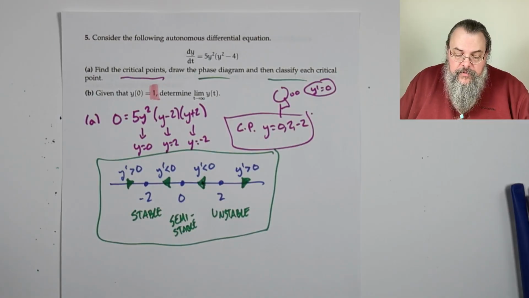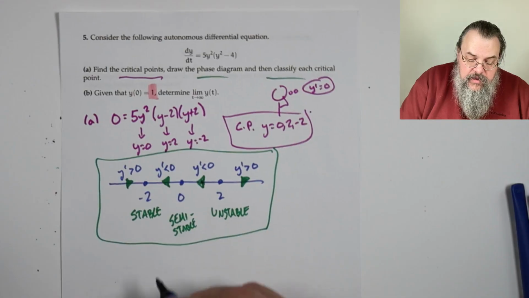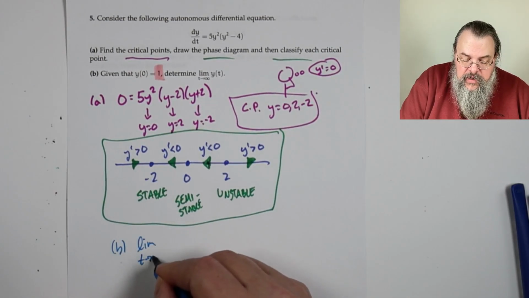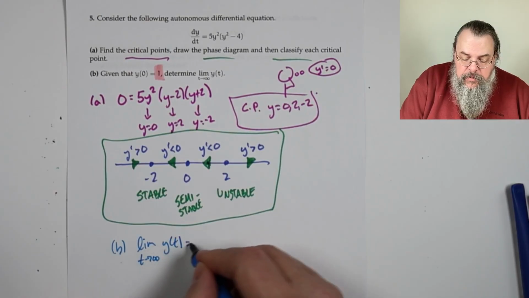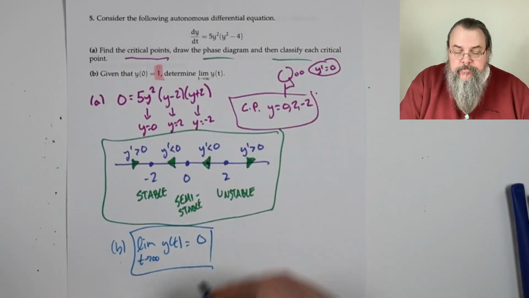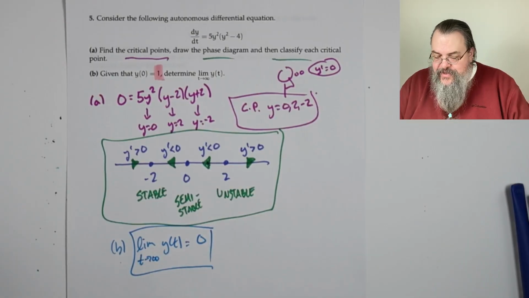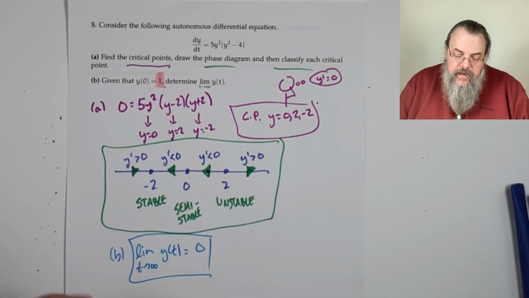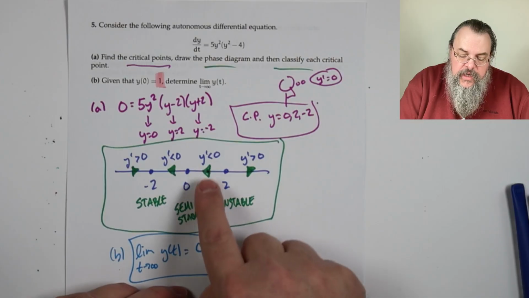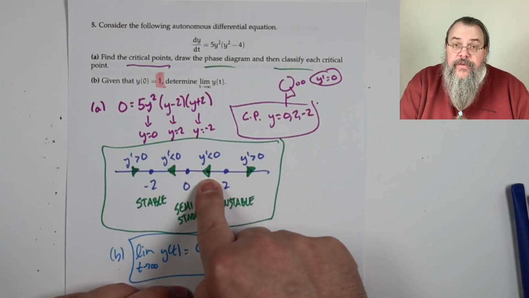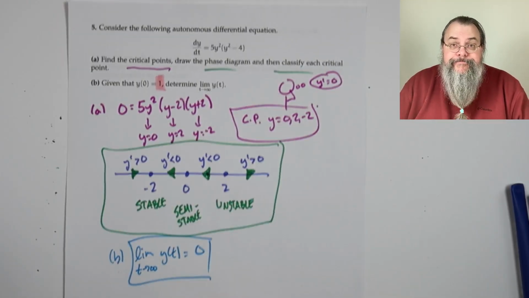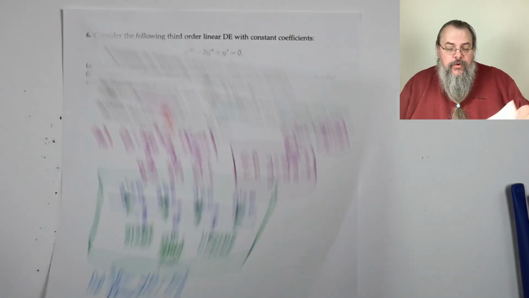And so our answer for part B is that the limit as t goes to infinity of y of t equals 0. All right. And that's the answer. They didn't ask for justification, but if they do, just say this is where we start. We move to the left until we hit the point 0. All right. Cool, cool, cool.